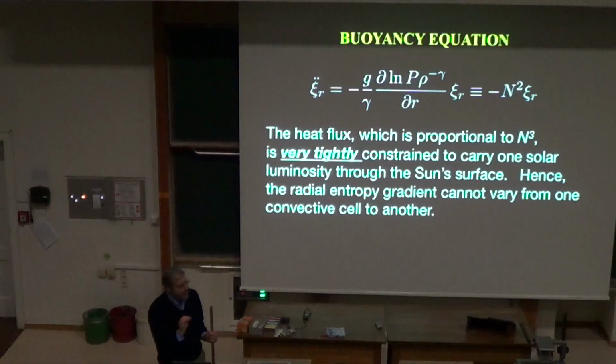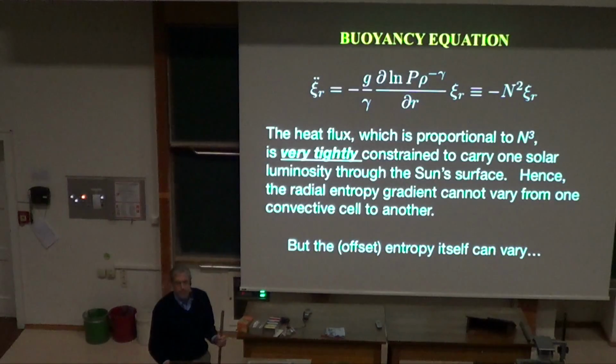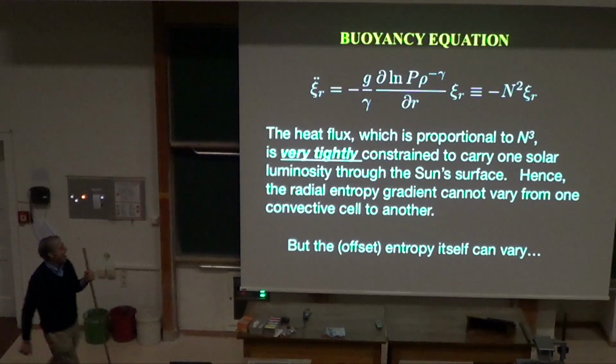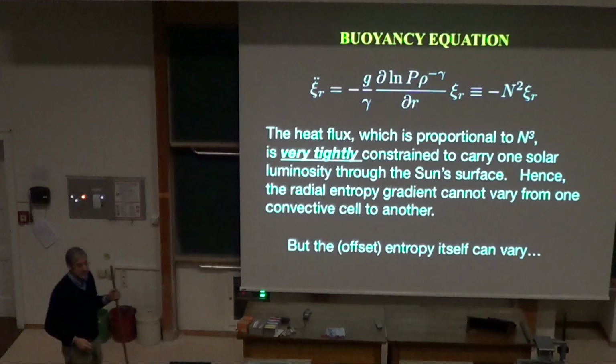The entropy gradient in the radial direction is very tightly constrained. What about the entropy itself? There's no particular constraint on that. The entropy, that is to say the offset relative to the gradient, can vary from one convective cell to another, as long as the convective cells are mixing across one another. That's how you define this stuff.